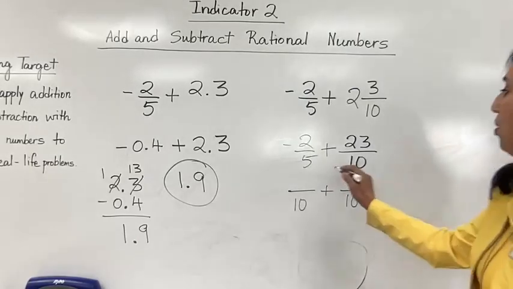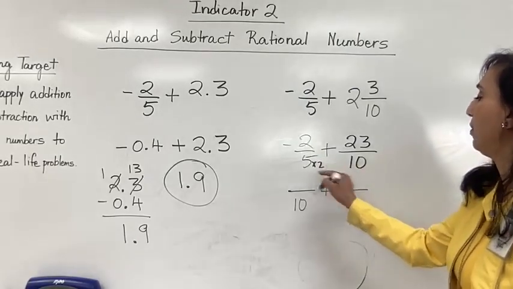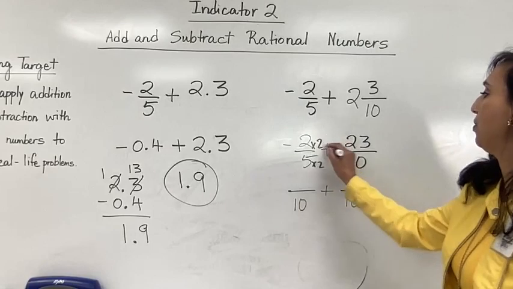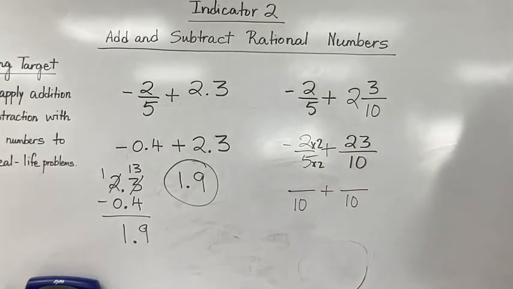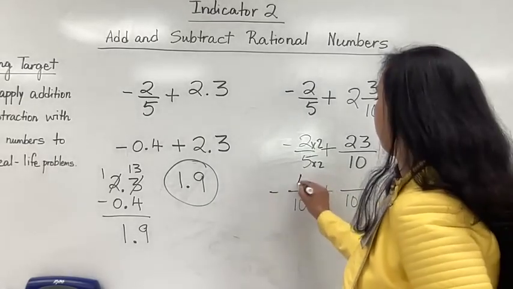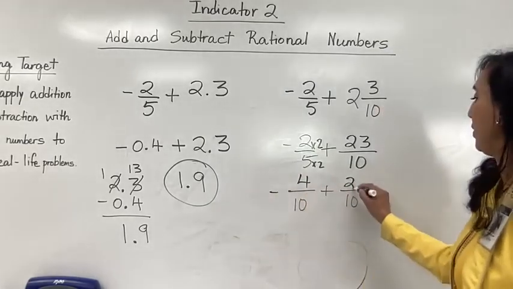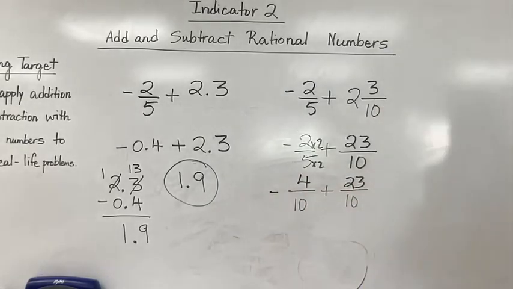So this is going to be times 2 gives me 10 times 2, right? So that becomes my negative 4/10, and plus I have 23/10, right?